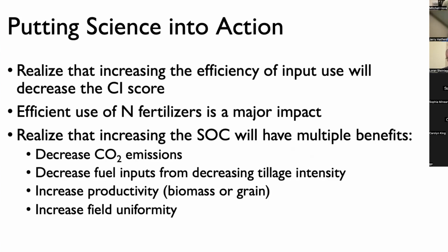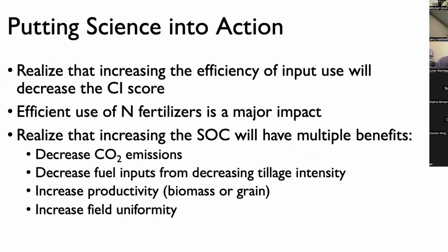It's a matter of realizing what's the, and I'll come back to, what's the ROI of building that information out on a field basis, and what return will that be for the producer out there. But you put all this science into action. Changing efficiency of input, yes, is going to decrease our CI score without any change in yield.